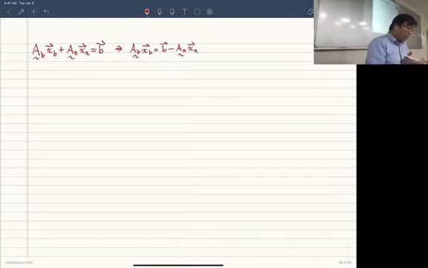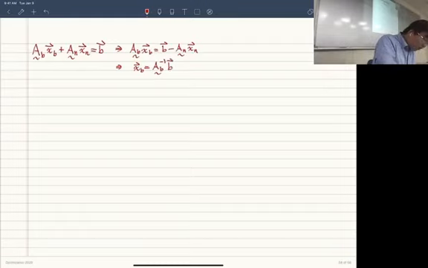And because AB is a square matrix, we could actually get this by pre-multiplying the inverse of AB. Okay, and over here I should place this inverse of AB to every term. So in fact, xb equals this long equation, okay? But we don't know what xn is yet.